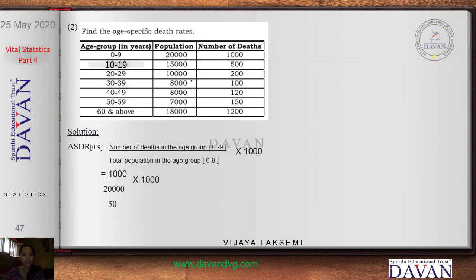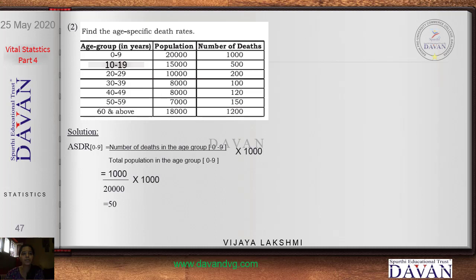Next type of problem. Now find the ASDR. They haven't mentioned any age group, so that means you have to calculate the ASDR for all the given values. So this is the age group, this is the population, and this is the death column.